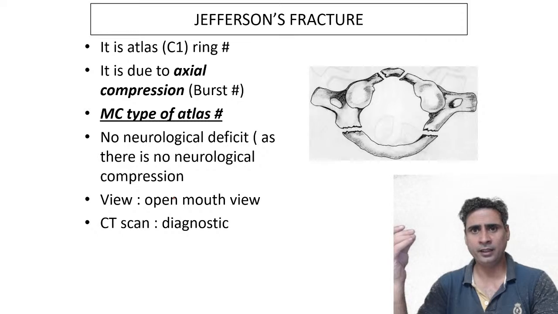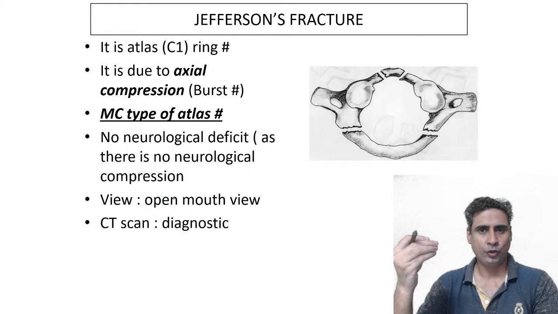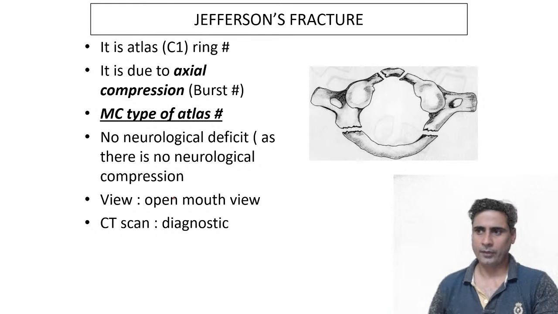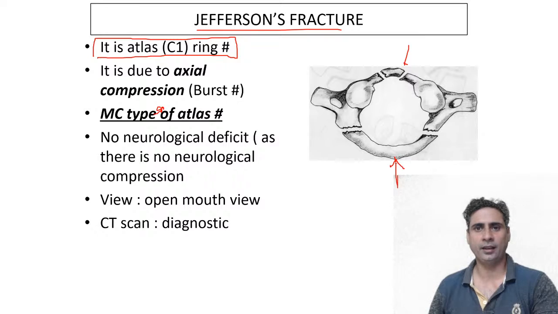Now quickly we will see 2-3 important types of specific injuries on which they can ask you a short note in your exam. One is Jefferson's fracture, where there is injury to the ring of atlas, anterior ring as well as posterior ring.